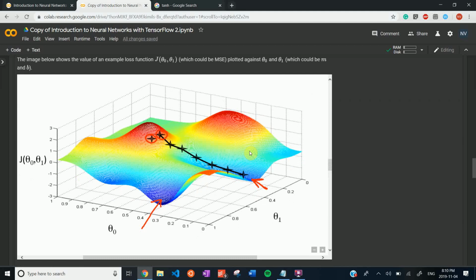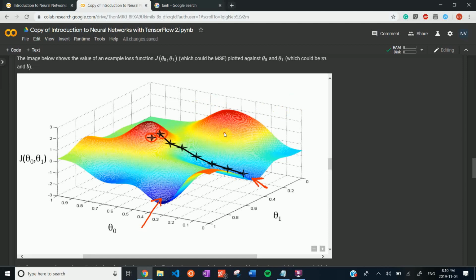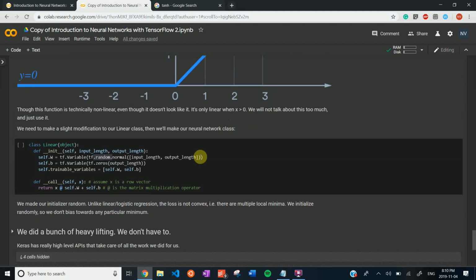There could be multiple minima. This is true for neural networks too. It could end up in a minima that's not desirable. If we always initialize our starting place to be the same, we're kind of biasing towards one solution all the time. If we randomly initialize all of our parameters, there's a better chance that we won't find a bad solution. Otherwise, this did not change at all.